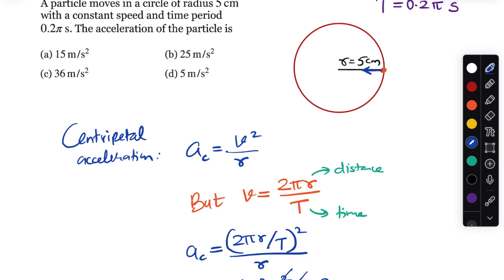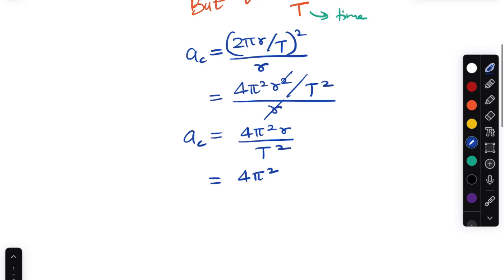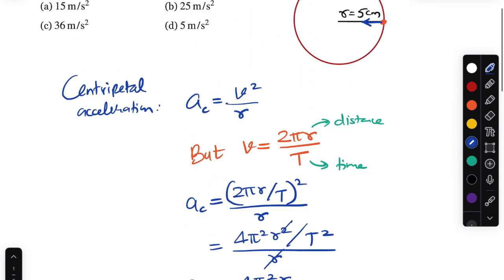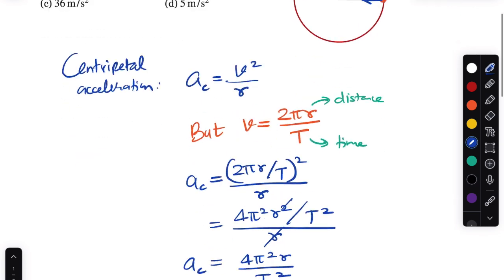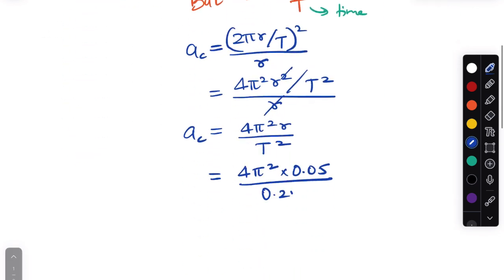Now the radius is given to be 5 centimeters. If you're going to stick with SI units, we would have to convert that into meters, which is 0.05 meters, and the time period is given to be 0.2 pi seconds. So it's going to be 0.2 pi the whole squared.